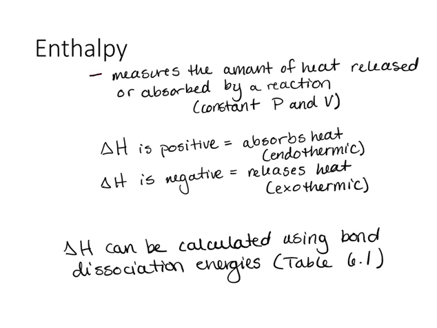And if I ask you to calculate delta H on a test or a quiz, I'll likely give you this table so that you don't have to go searching for it. So feel free to pause the video and pull out your textbook and find table 6.1 because we're going to go over an example problem next.